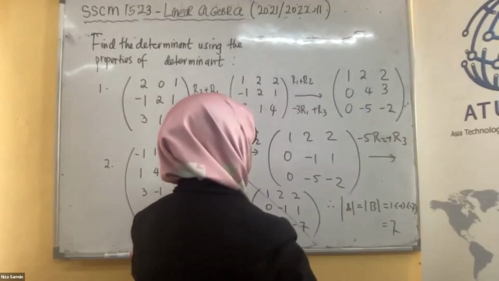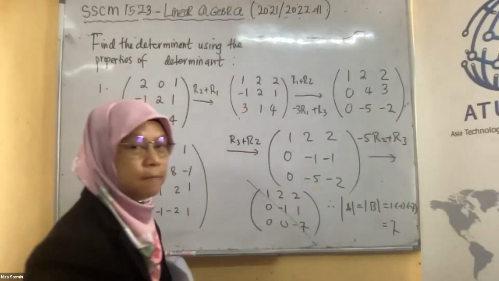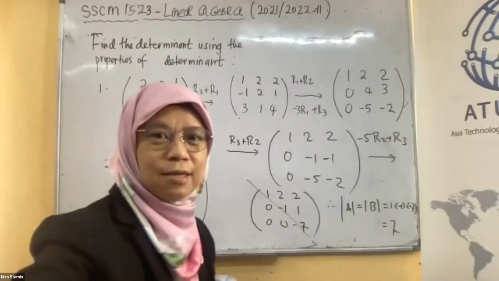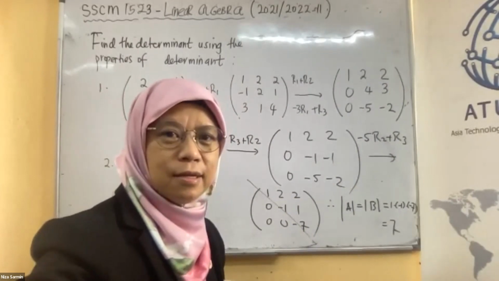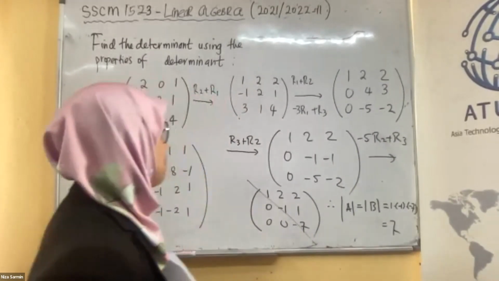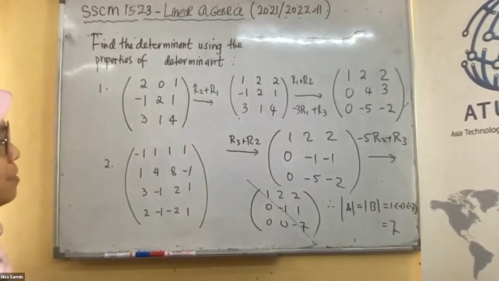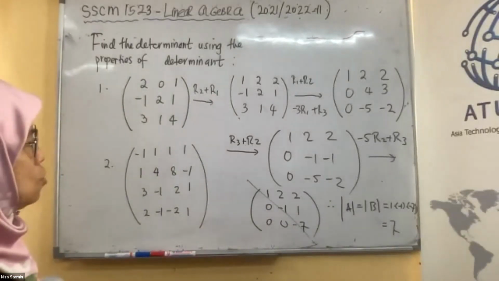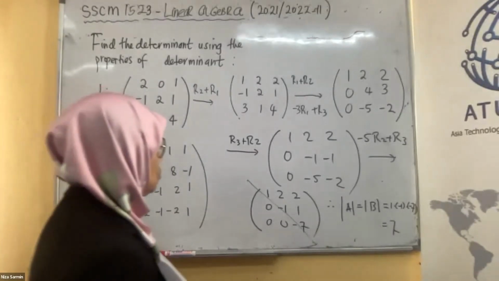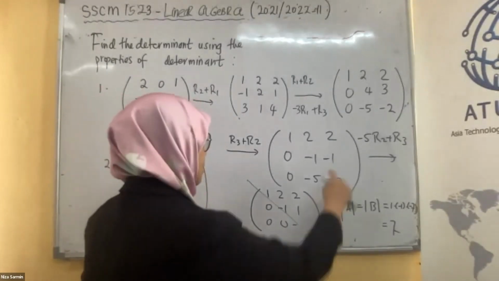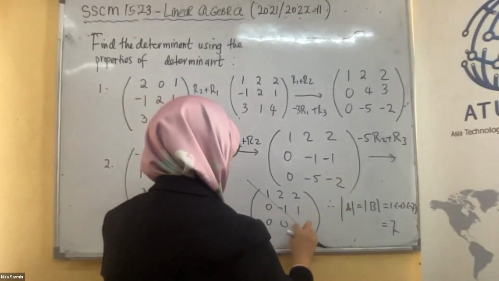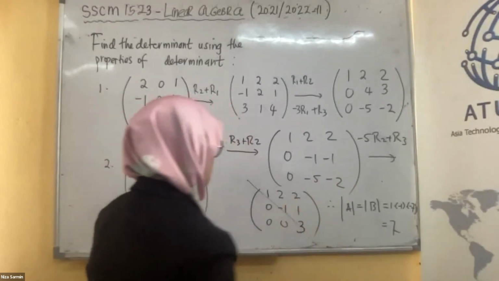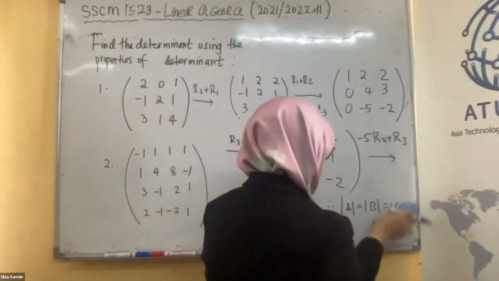This plus this, so I get negative 1. Okay, so negative 5 R2 plus. So this is 5 minus 2 is 3. So this is 3.